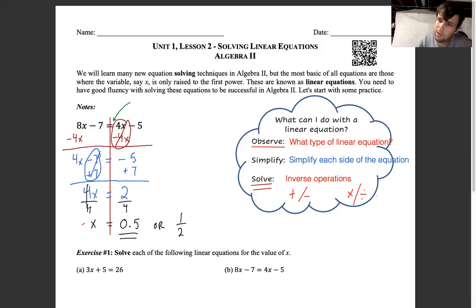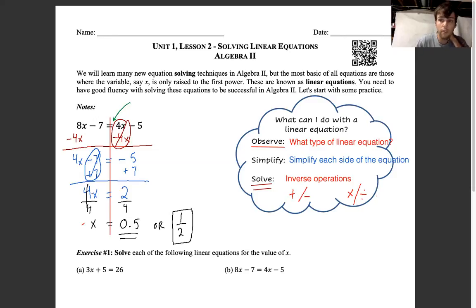If you get a decimal that's non-terminating, either non-repeating or repeating, we may sometimes prefer the fraction answer because that's an exact answer, whereas you may have to round your decimal, but they're both fine. Anyway, so that's our solution. X is equal to 0.5, or x is equal to 1/2.